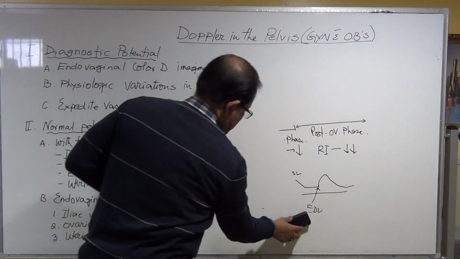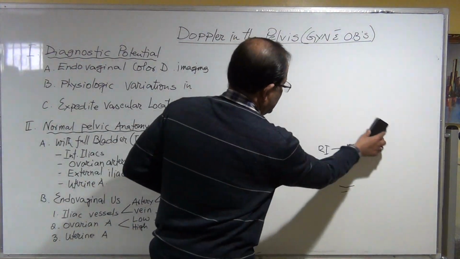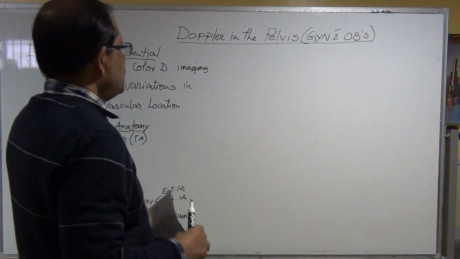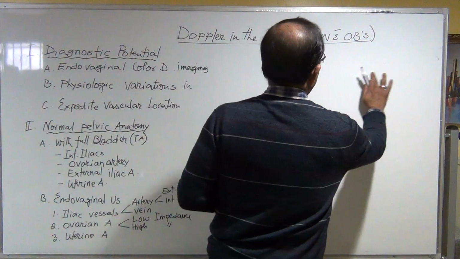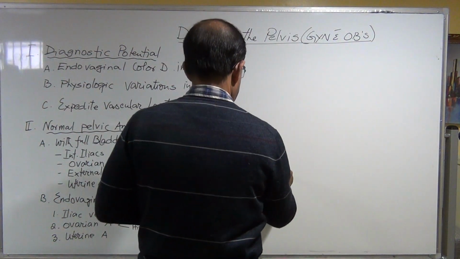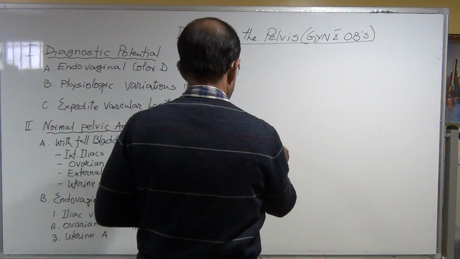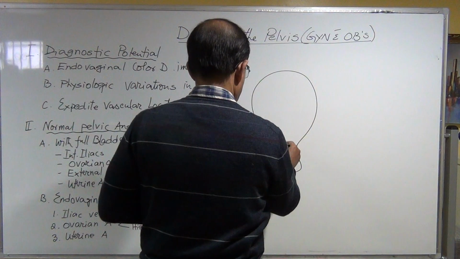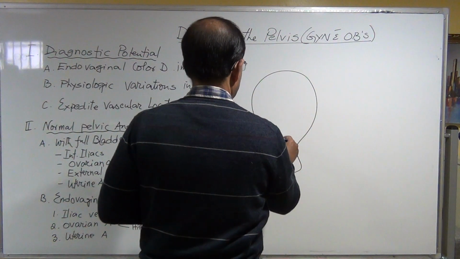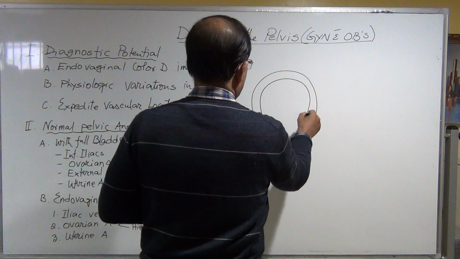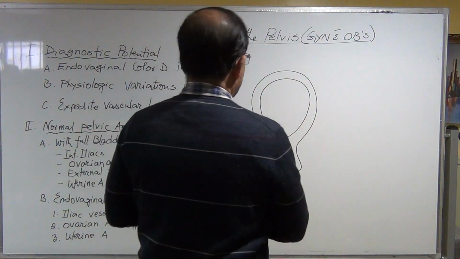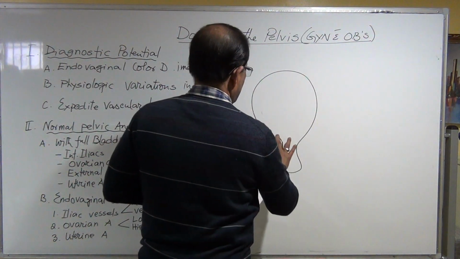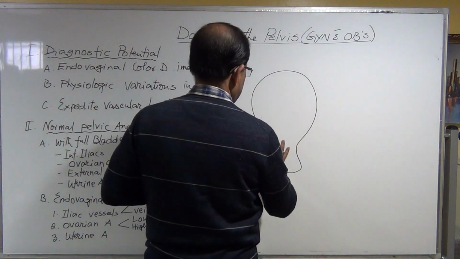Uterine arteries are the branch of the internal iliac artery. Let me draw the diagram, then it will be much better for you.